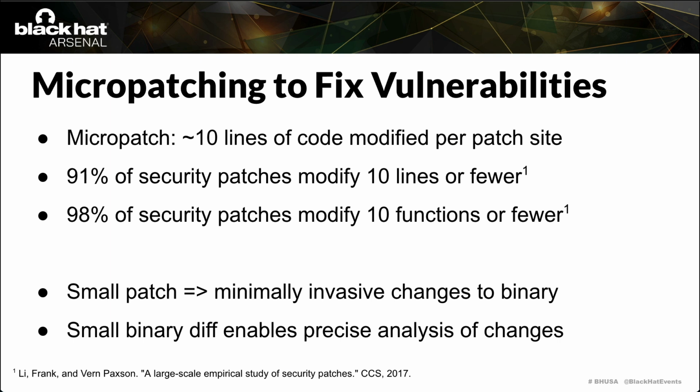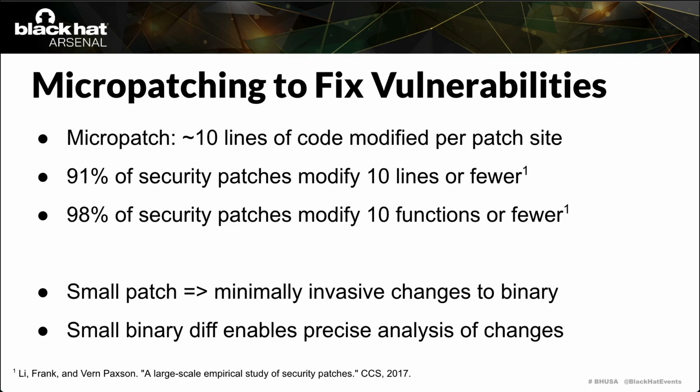So first I want to motivate why we are focused on micropatching. We loosely define a micropatch as a patch that modifies about 10 lines of code or fewer. Fixing vulnerabilities in end-of-life devices is hugely important, and studies demonstrate that the vast majority of security patches are small. 91% of security patches modify 10 lines or fewer.